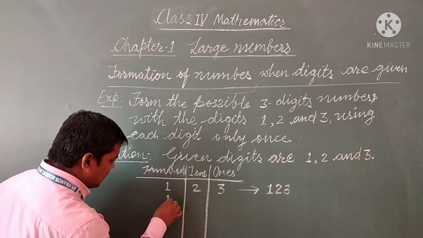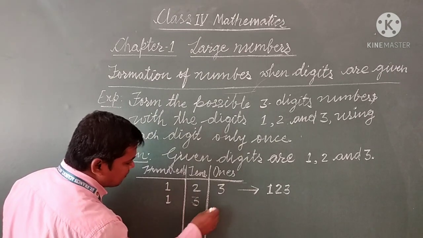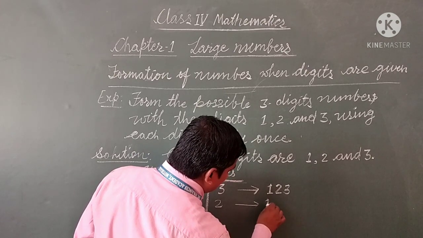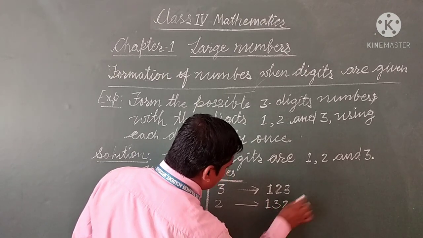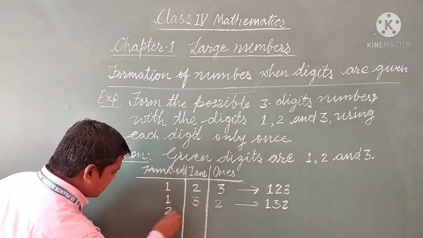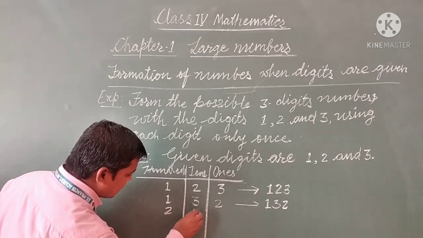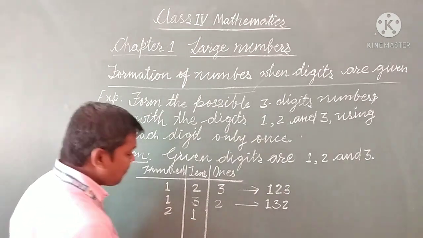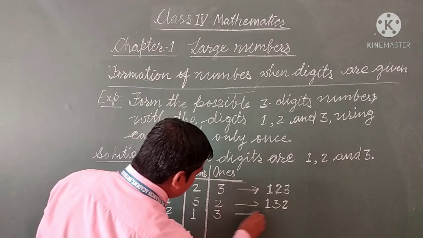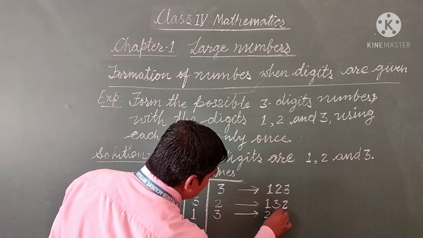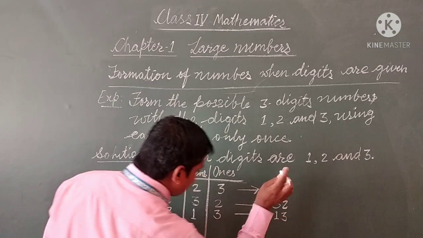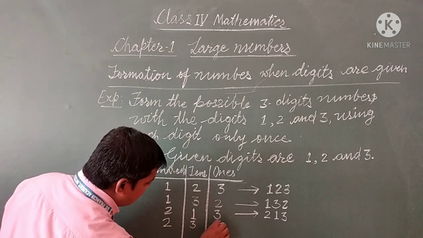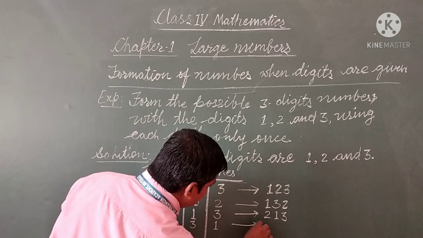If 1 will be at hundreds place, 3 at tens place, and 2 at ones place, the number formed is 132. If 2 will be at hundreds place, 1 at tens place, and 3 at ones place, the number formed will be 213. If 2 will be at hundreds place, 3 at tens place, and 1 at ones place, then the number formed is 231.